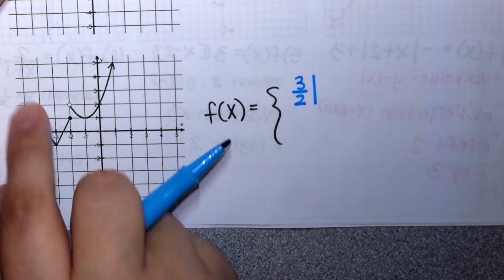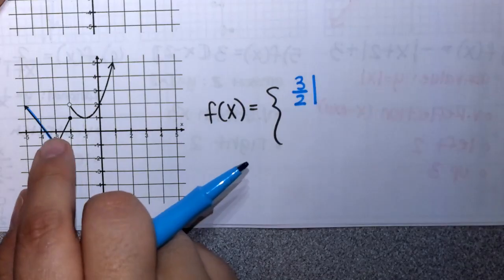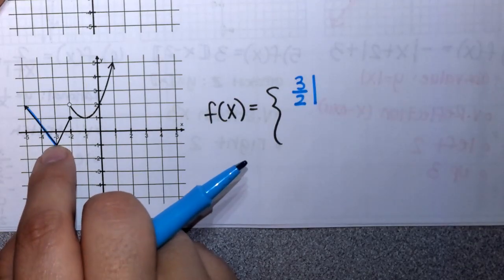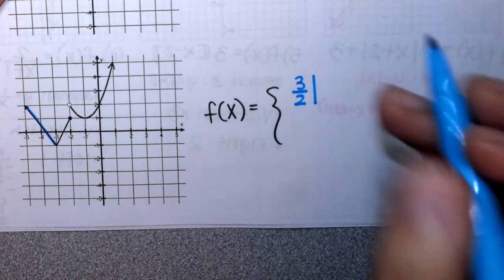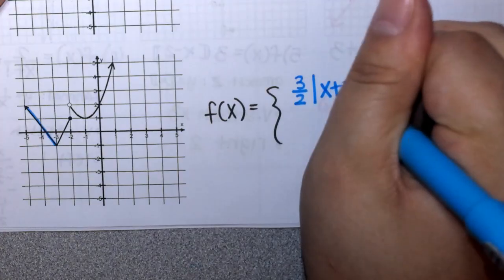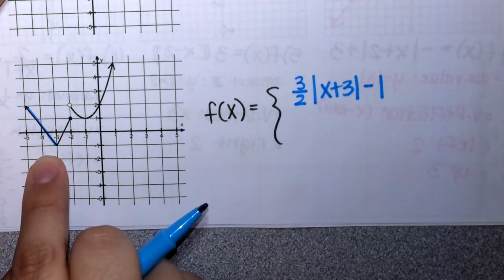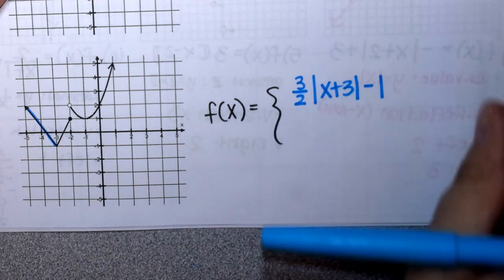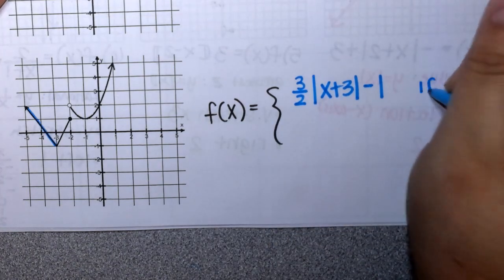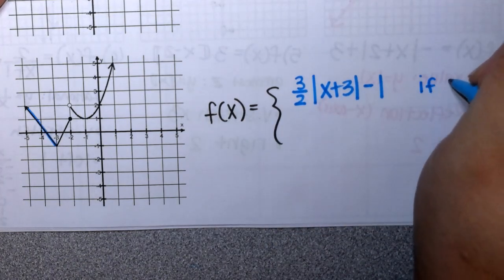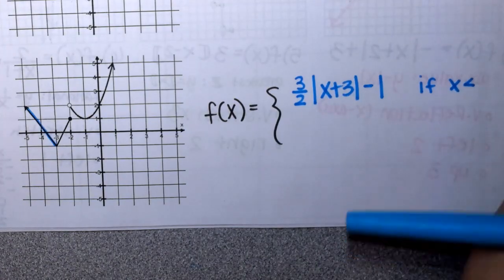We're pretending this is a v in absolute value. What is the shift happening here? X plus 3 minus 1. It goes left 3 from the origin, down 1. Okay, so you're not wrong.